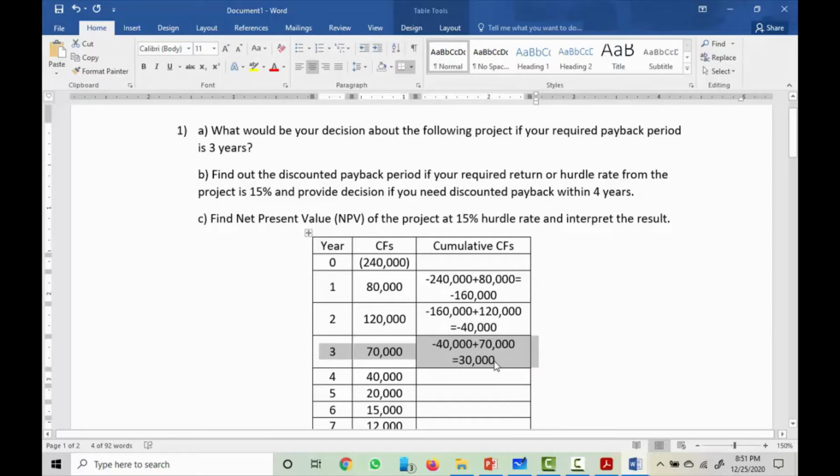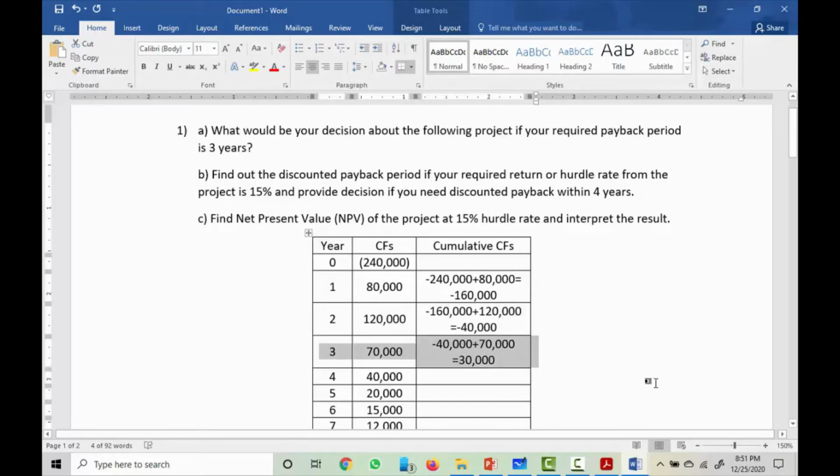So that means after year 3, we will be in a surplus. We will have our payback plus a surplus of 30,000 taka. So that means the payback period is what? Obviously, payback period is not 2 years.